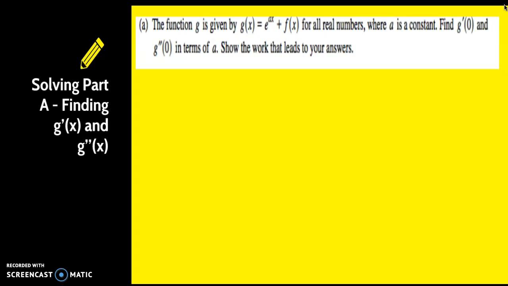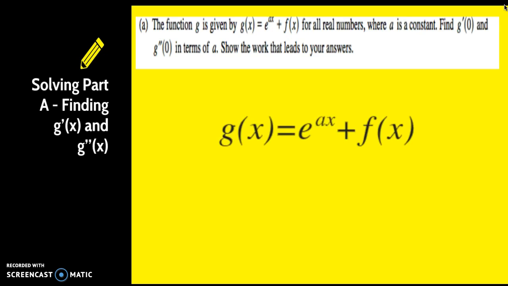So first we're going to solve part A, which asks us to find g prime of 0 and g double prime of 0. In order to do that, we first need to find the first and second derivatives of g of x. So we have our equation g of x equals e to the ax plus f of x.